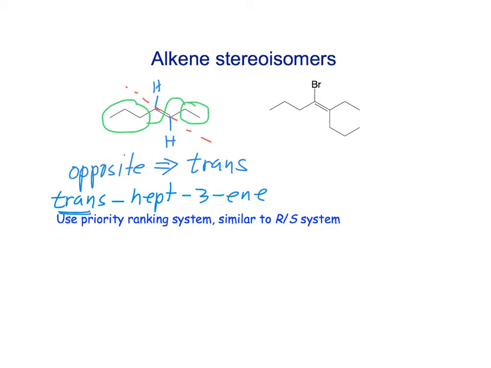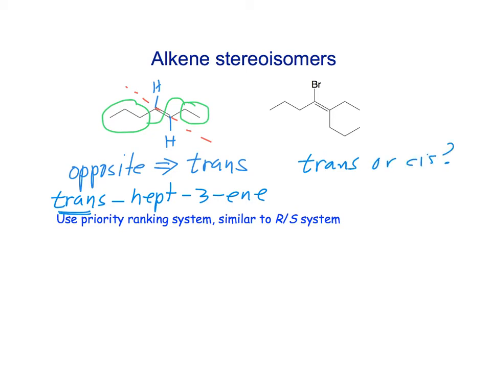Trans tells us what stereoisomer we have versus, remember, if we have them on the same side, it would be cis. But what do we do when we have a molecule like this one on the right that has 4 different groups attached to the double bond? Right? Which groups would be cis? Which would be trans? So this is a much more challenging situation.